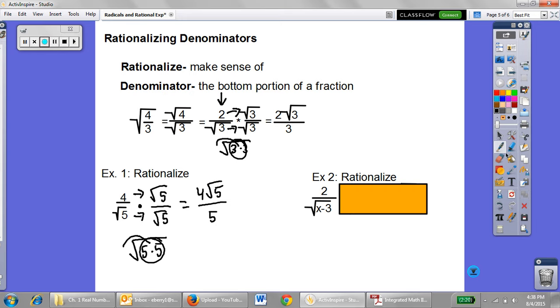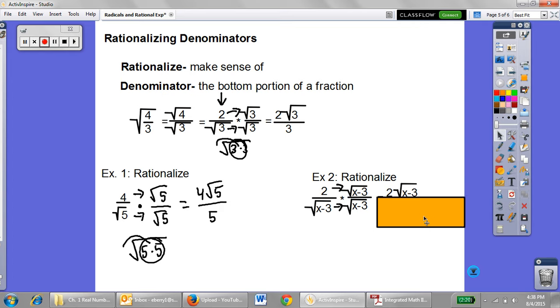Looking at example 2, we need to rationalize this fraction. So to get rid of the square root of x minus 3 on the bottom, you multiply by it. Square root of x minus 3 over the square root of x minus 3. Multiply straight across like we did before. So the top portion, the numerator, is 2 square root x minus 3.